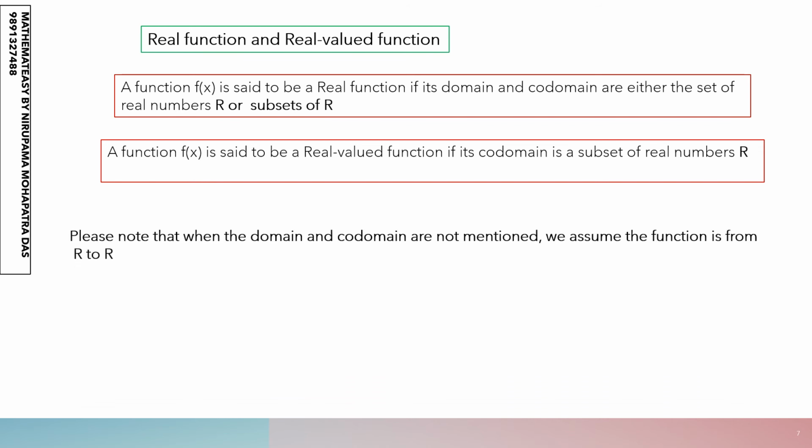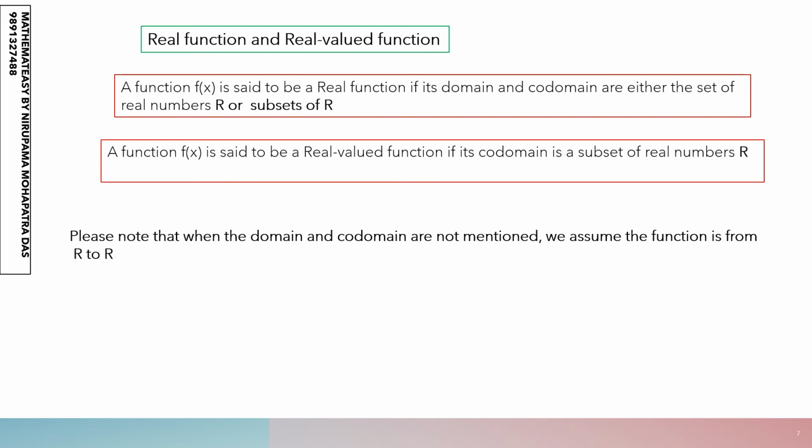And please note that in many questions we may not be given the domain and codomain. So do not be confused: when the domain and codomain are not mentioned, by default we assume the function is a mapping from R to R. But if it is given, then it's fine.